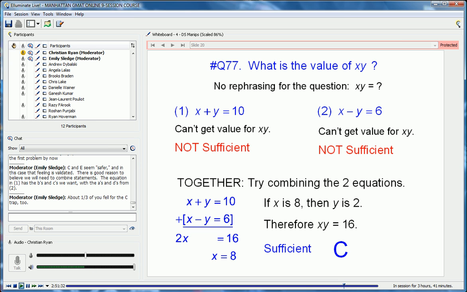Notice this is a case in which we do know the underlying variables, and so therefore we can find any combo. We could also have stopped at the point up here, once we decided these two were insufficient by themselves, by noticing these two are what are called linear equations. They're just sums, differences of variables equaling a number. You could have a number in front of x like 2x plus y, or you could have 3x minus 5y equals 6.